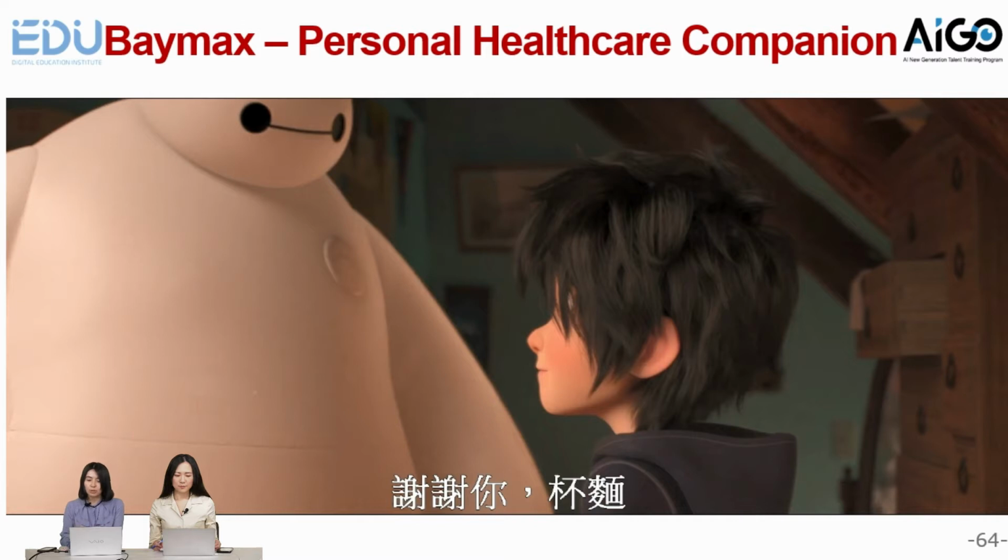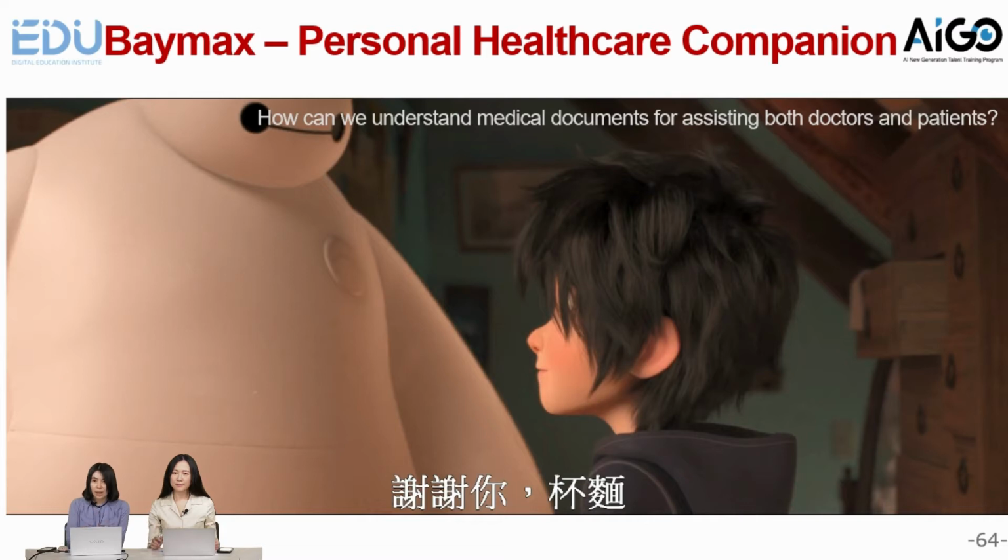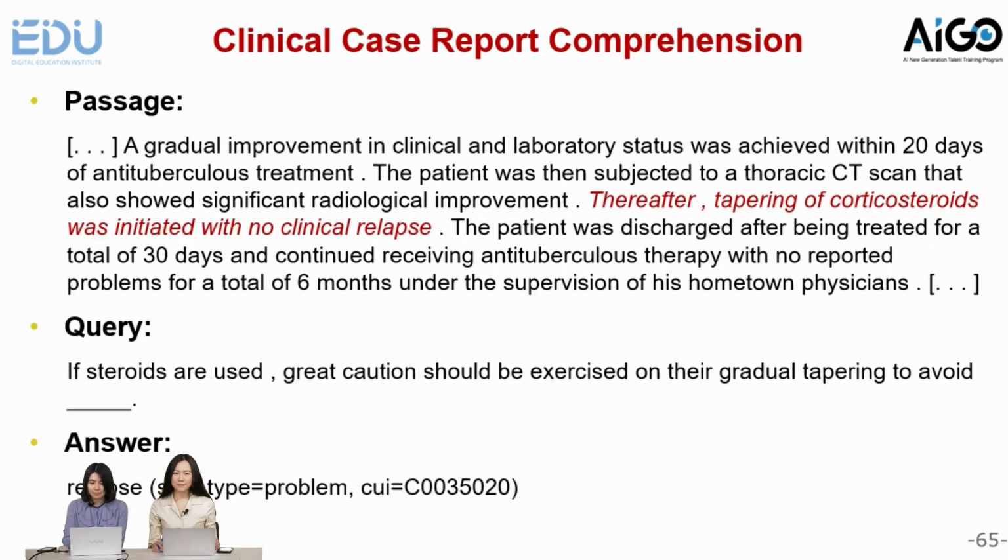He finds there are two treatments: the first one is to contact friends, and the second one is to give a hug to this person. So you can imagine, if we have very good natural language processing techniques, we can try to make the machine understand medical documents and try to assist both doctors and patients.